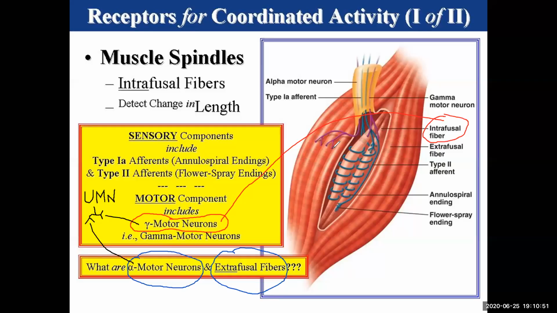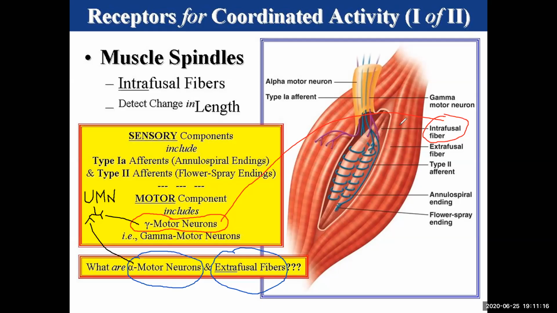So if the muscle is contracting and the gamma motor neuron is not responding, then the muscle spindle will not be able to detect the change in length of the entire organ. So when the muscle contracts, we learn this as an organ, right?